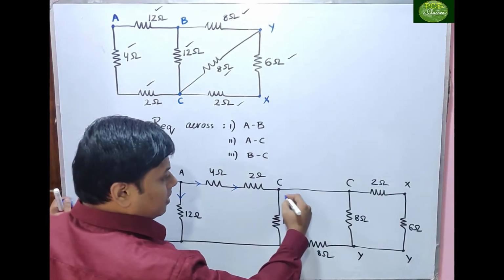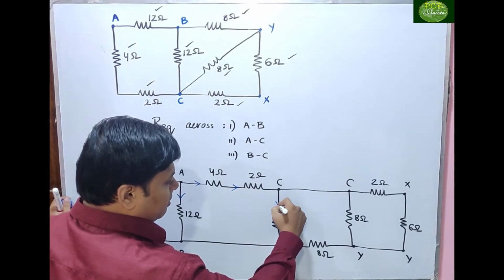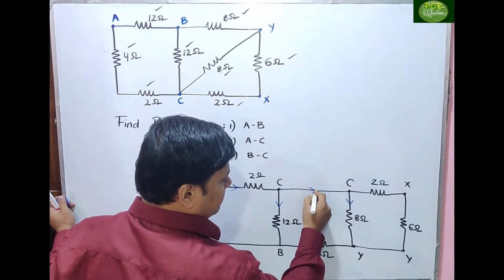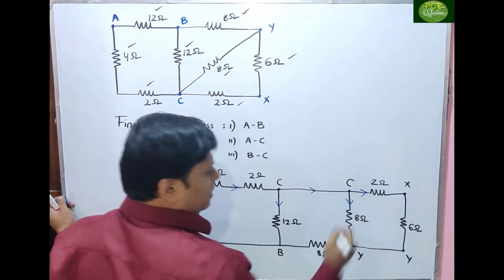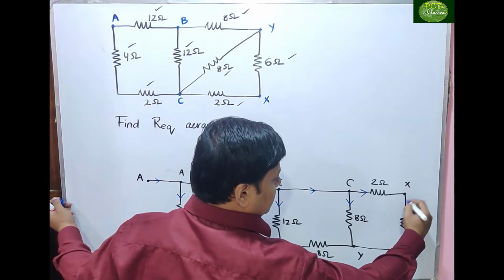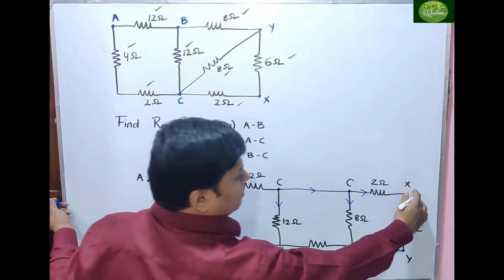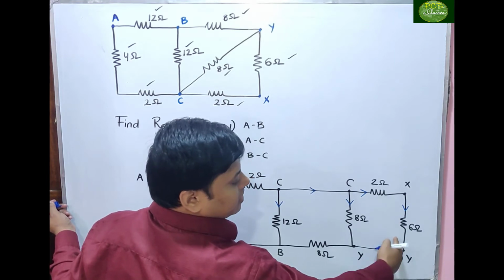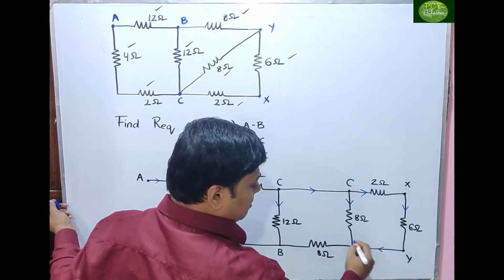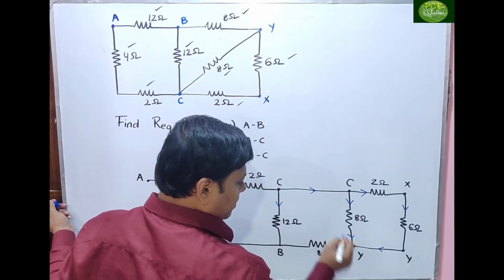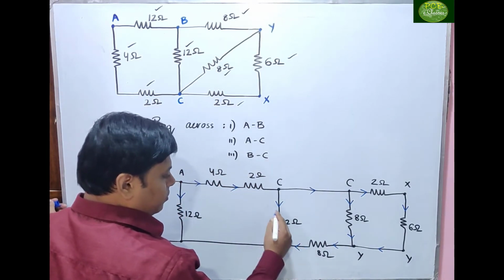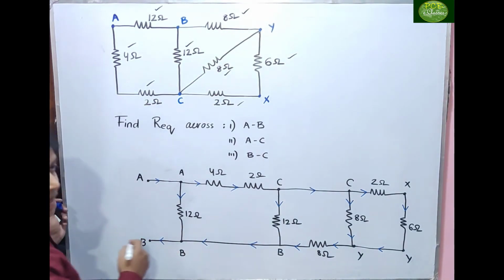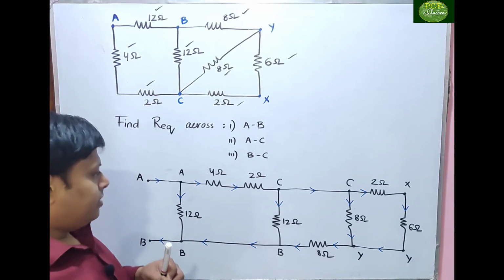Now we have several branches, so current will be divided here and here. Is there any other terminal that side? No. Beyond X nothing is there. So the same current flowing in the 2 ohm flows in the 6 ohm. These two combine and come to the 8 ohm. Then the 12 ohm current and the 8 ohm current combine and come back to the B terminal.